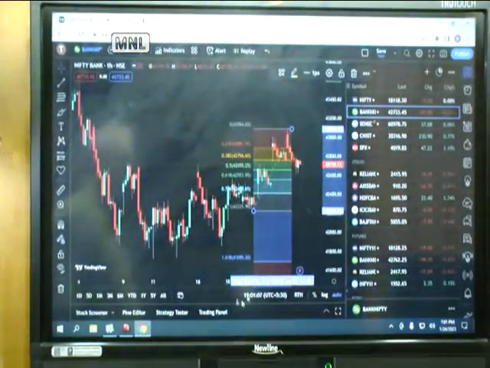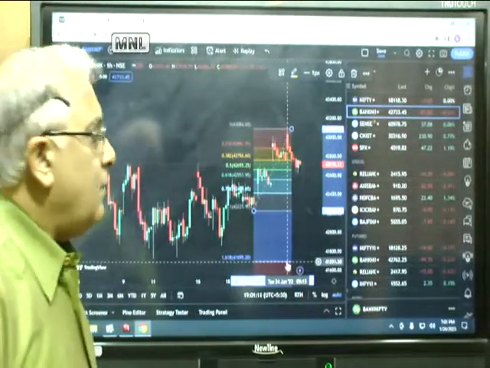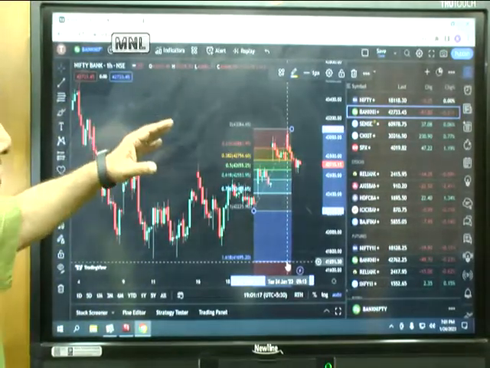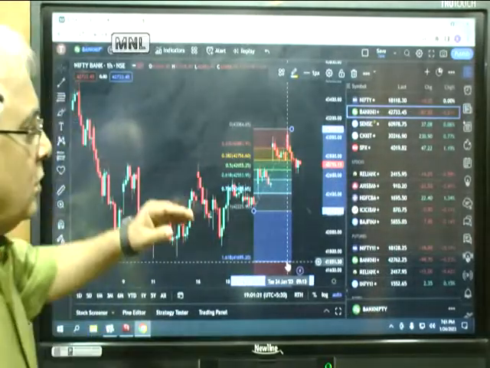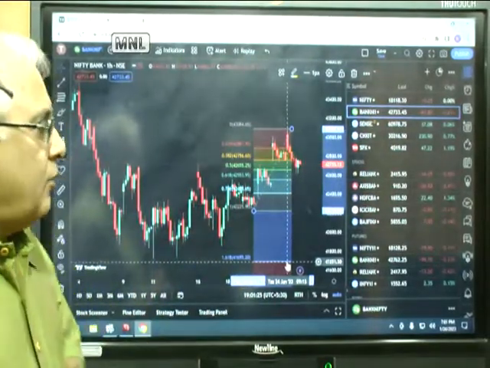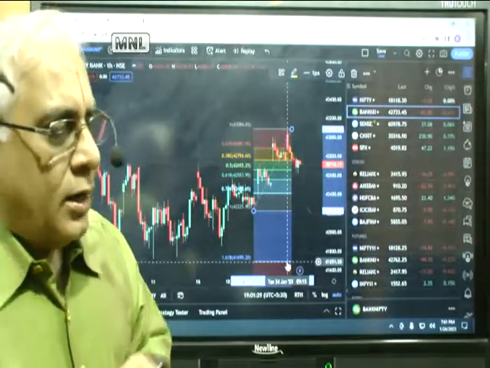Last week, if you remember, we said Bank Nifty has a potential to go closer to 42,900 plus, and then probably it can reverse from that particular level. So it went close to 43,070 and then it started to reverse. All these things are based on the ratios. We have not used other tools like moving averages or trend lines.